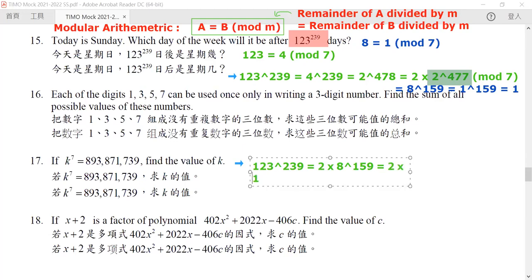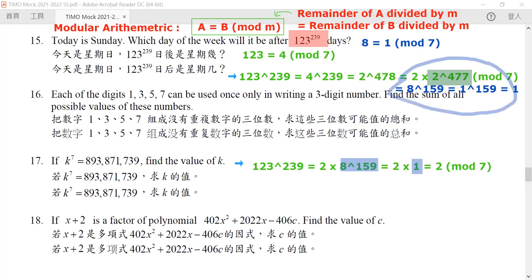We can replace it by 1, and hence we know that when it's divided by 7, it has a remainder of 2. Notice that these two are equivalent, as proven here. So we know that our answer for this question is equal to 2.